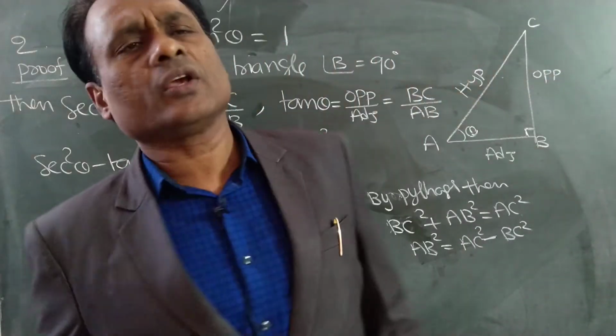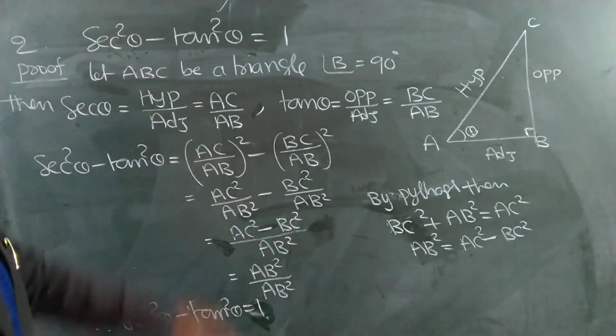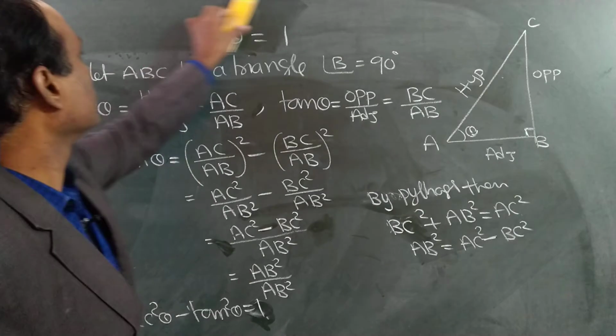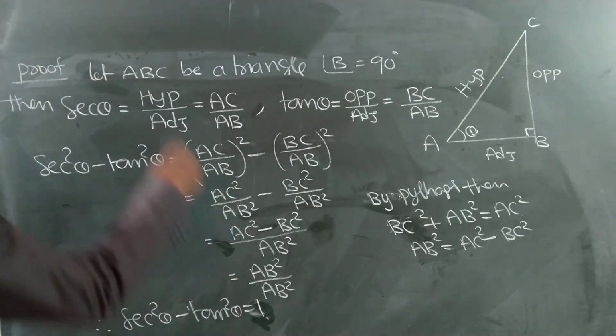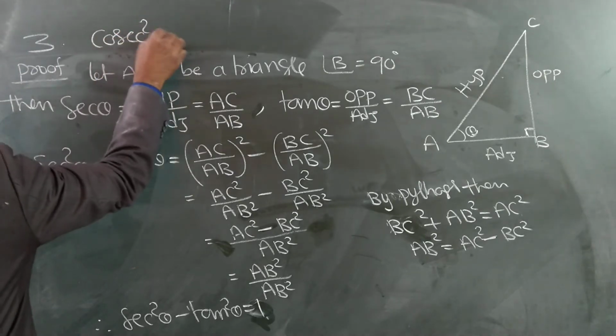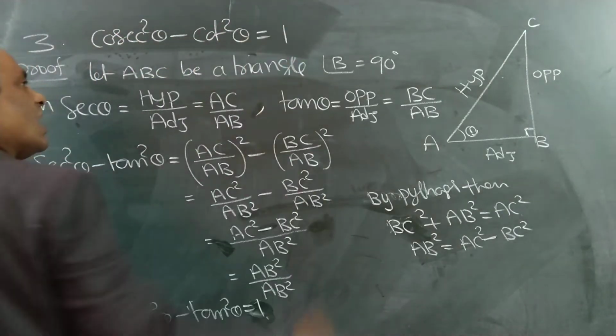Students, I told you there are three identities. So the second is also over. Now I am going to derive the third identity: cosecant square theta minus cot square theta is equal to 1.